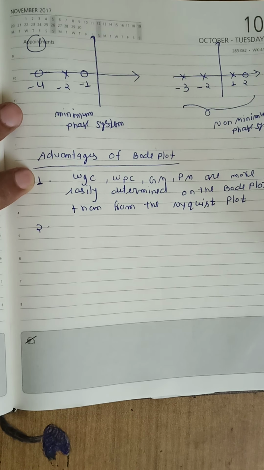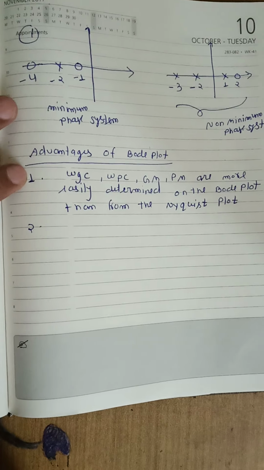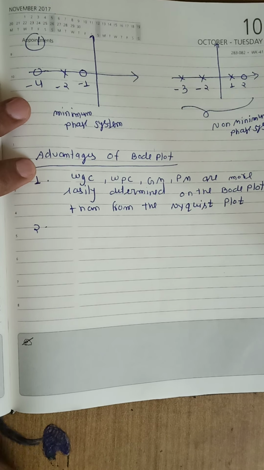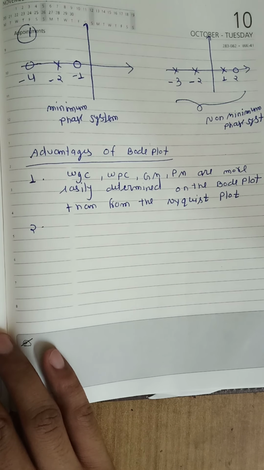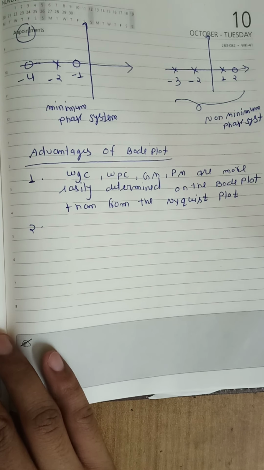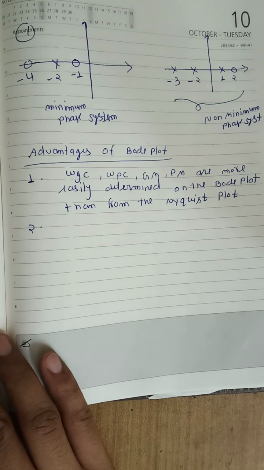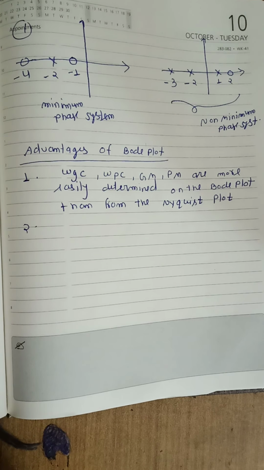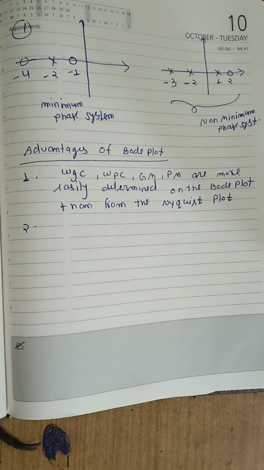And the last advantage is that we can easily construct the Bode plot using asymptotic approximations. We will see later how we can draw the Bode plot according to a given transfer function.